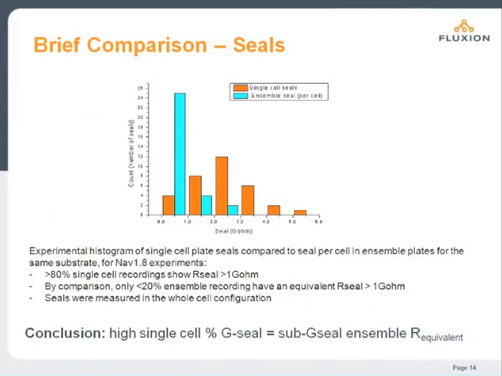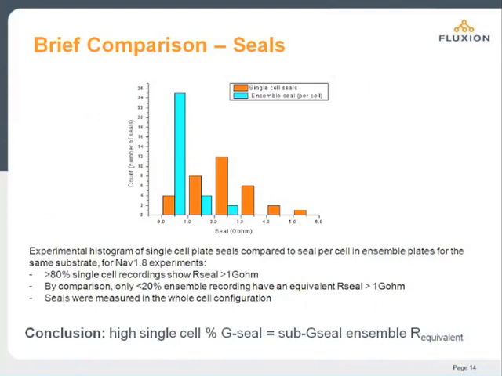By comparison, less than 20% of the ensemble recordings have an equivalent membrane resistance greater than a gigaohm. So we can conclude that even though we have a high percentage of gigaohm seals, in the ensemble configuration we will still have mostly sub-gigaseal levels.